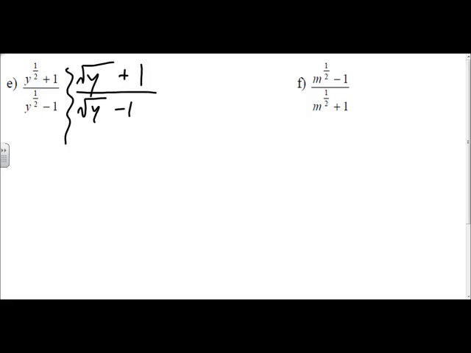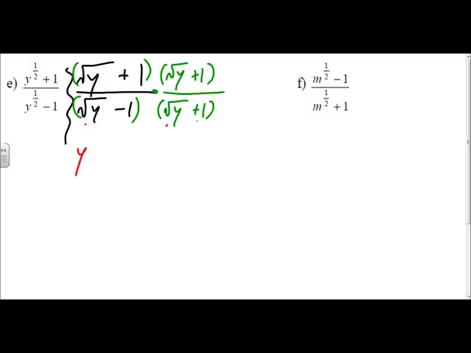So, looking back at our problem here, we need to multiply by the conjugate to rationalize our denominator. So, we can look at this as square root of y plus 1. And same thing up here, square root of y plus 1. Now when we FOIL this out, square root of y times square root of y becomes y.